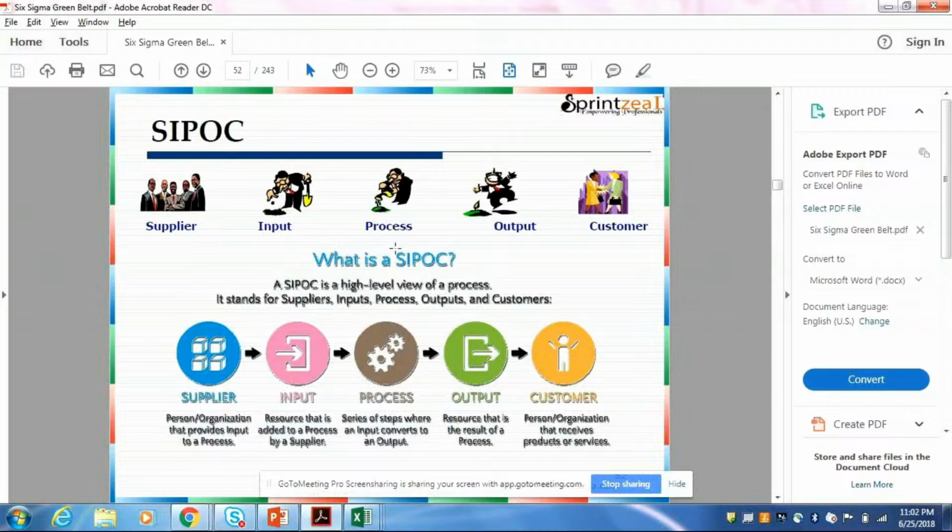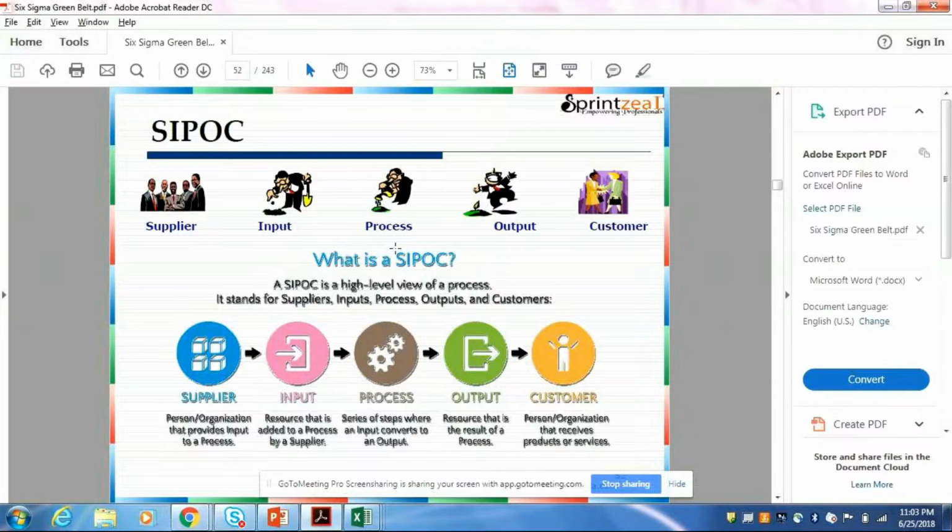Any process would have certain input, because a process is a series of steps which you take to convert the input into output, right? Every input would have a supplier to that particular input. After you have done the process, there would be output to the process. Now this particular process that we map here is the as-is process.